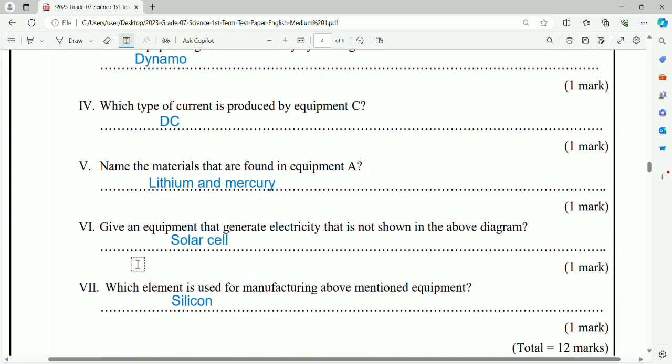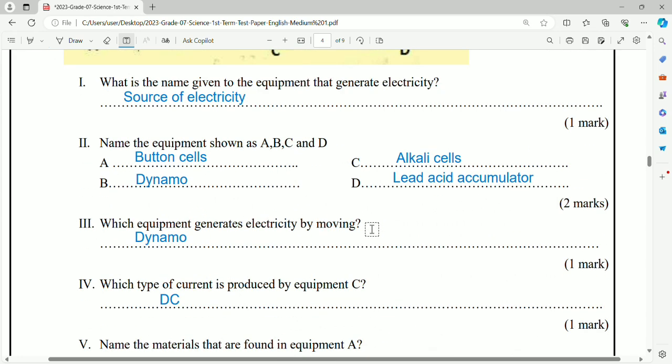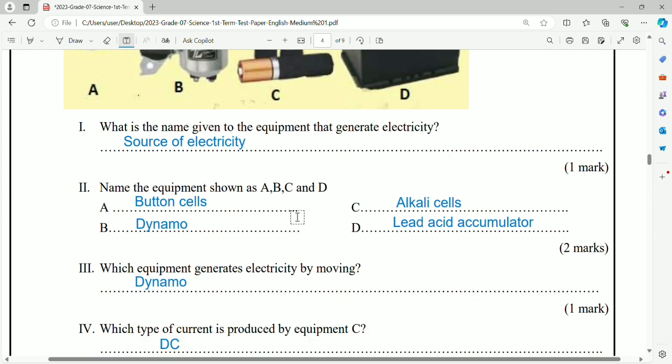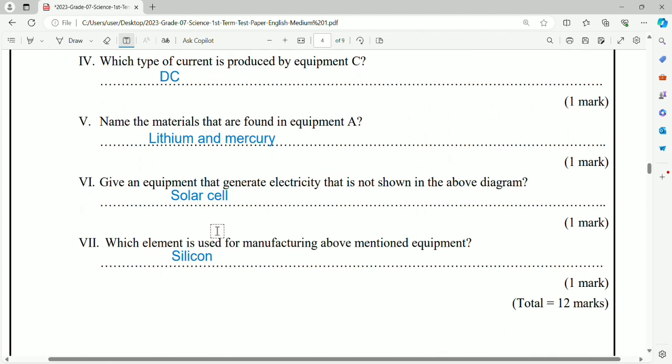Give an equipment that generates electricity that is not shown in the diagram. Here solar cell is not present. Solar cell is also one of the sources of electricity. So solar panel is the answer. Which element is used to manufacture the above mentioned equipment? In order to produce solar cells, the silicon element is used.